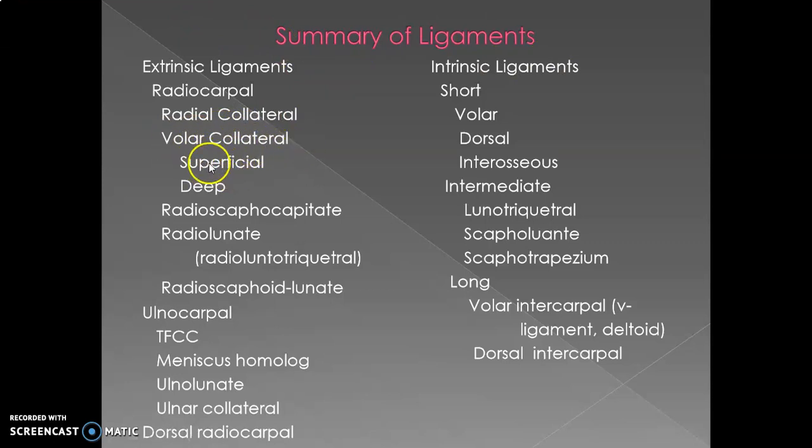The anterior aspect has both a superficial and a deep part. Then in the radiocarpal ligament, we have the radioscaphocapitate, the radiolunate ligament and the radioscapholunate ligament, which are the three bands we have already described regarding the radiocarpal ligaments.